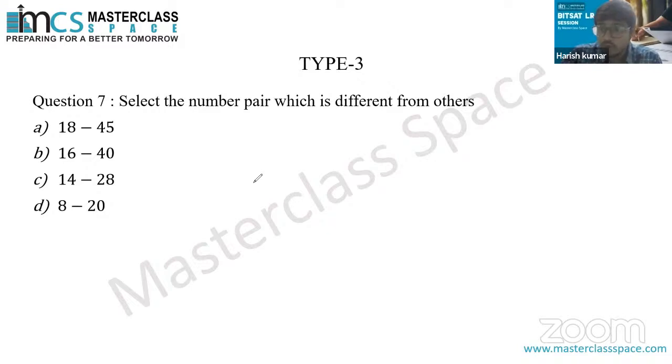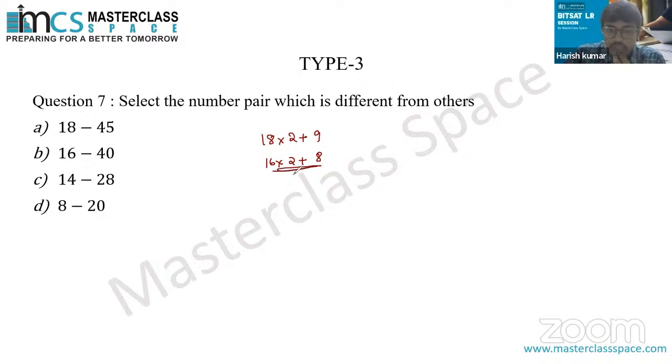Always one thing that you have to remember is the multiples may not be in terms of whole numbers, right? So what is the relationship between 18 and 45? If I look in terms of multiples, this is 18 into 2, 36 plus 9, right? Now, if I try to apply the same logic, 16 into 2, 32 plus 8, right? So the logic is not matching, right? 14 into 2, I don't have.